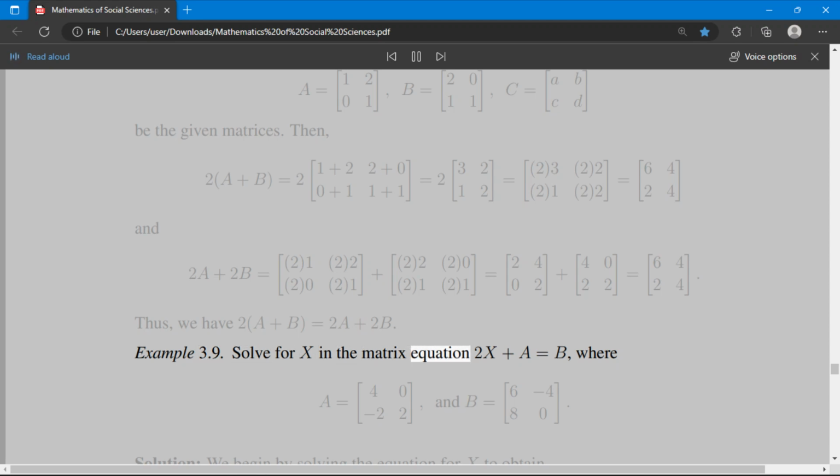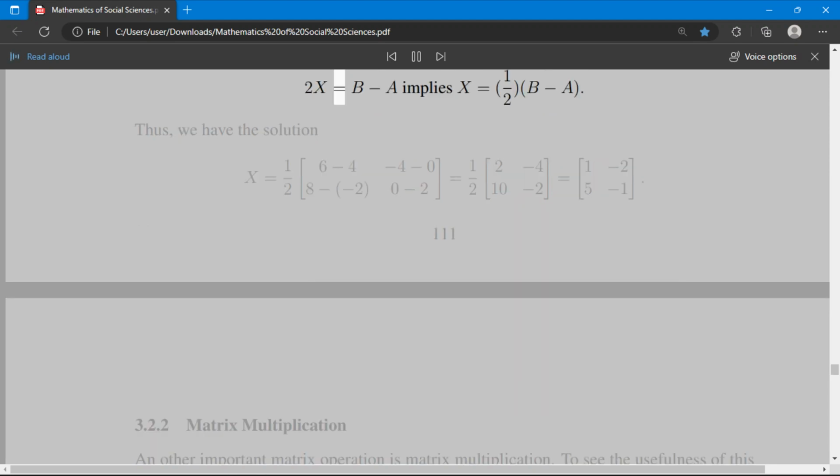Example 3.9. Solve for X in the matrix equation 2X plus A equals B, where A equals [4 0; 2 2] and B equals [6 4; 8 0]. Solution: we begin by solving the equation for X to obtain 2X equals B minus A, which implies X equals 1/2 (B minus A).